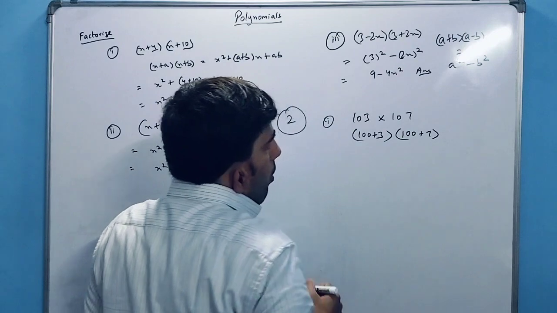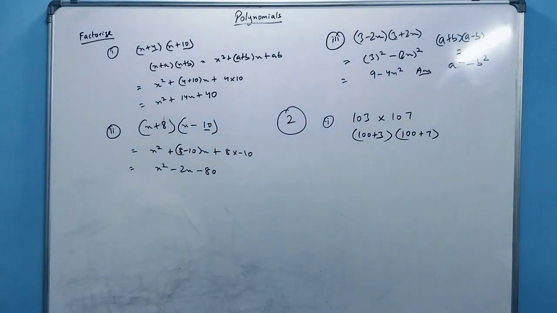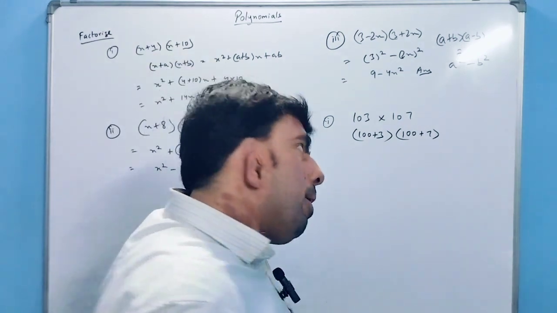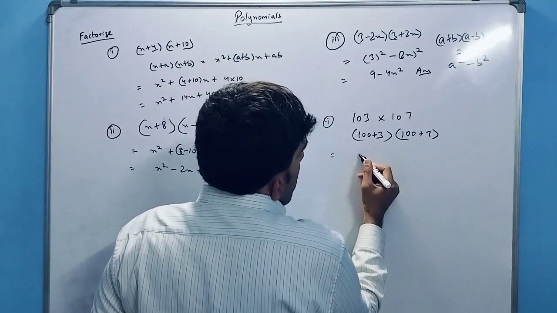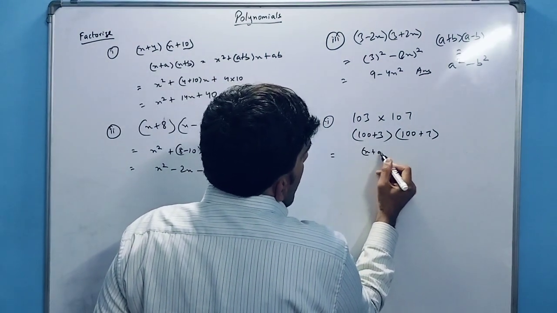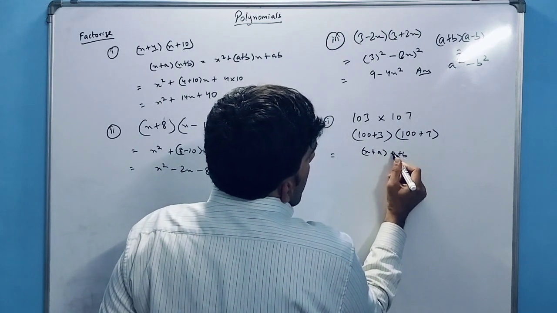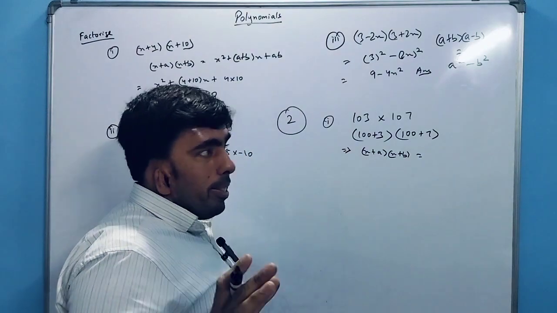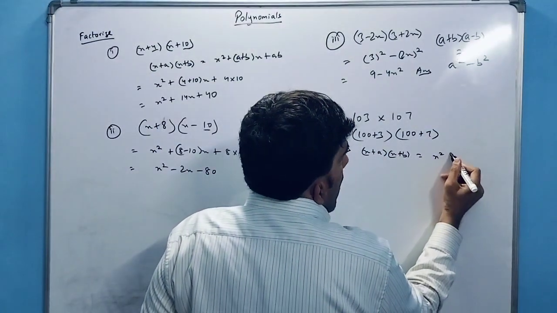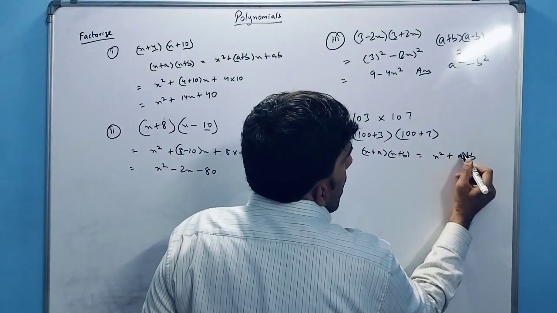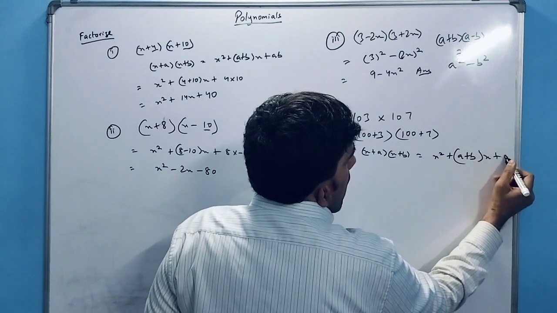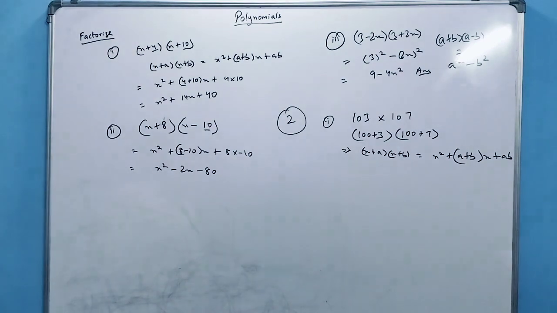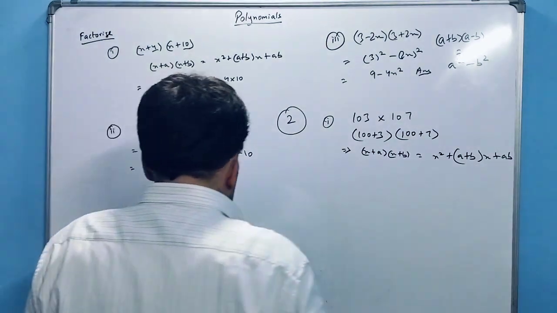Okay, so now you can see the identity becomes (x + a)(x + b). First we need to write the identity, that is x square plus (a plus b)x plus ab. Okay, so that is how we can easily apply.